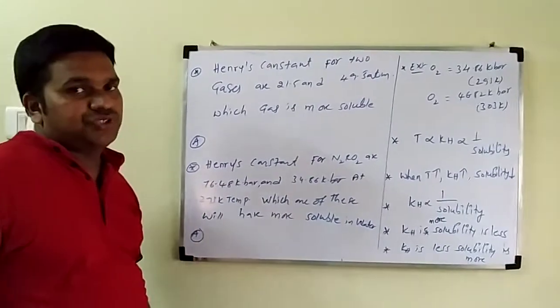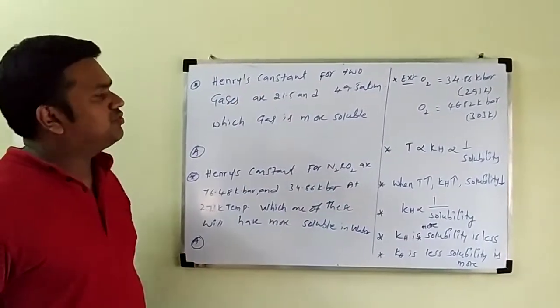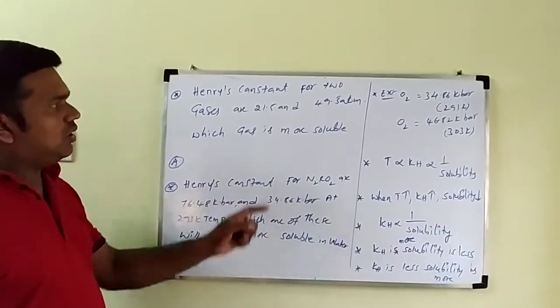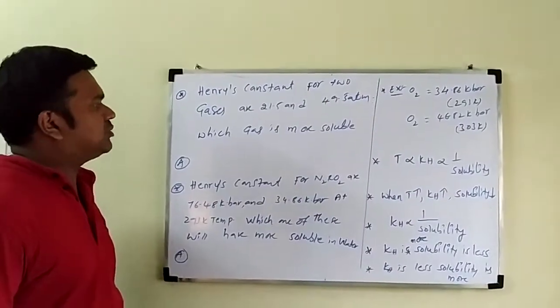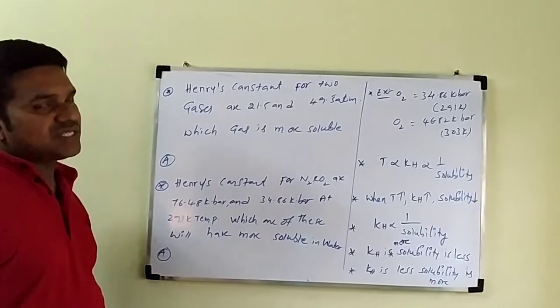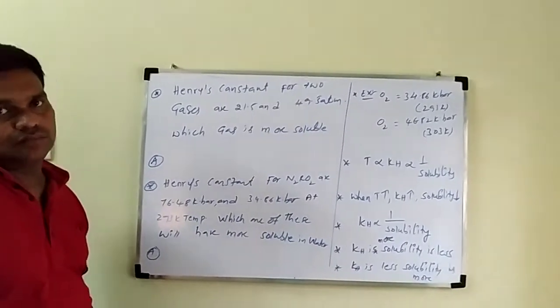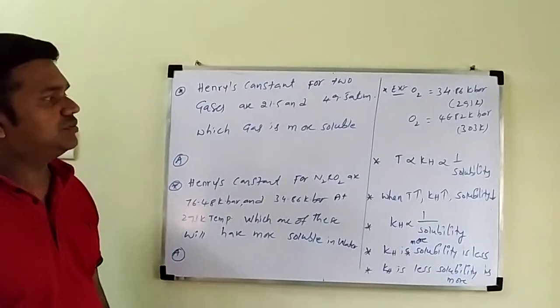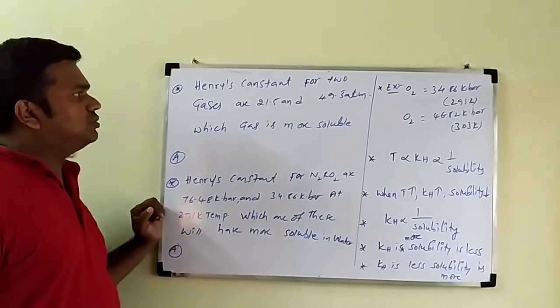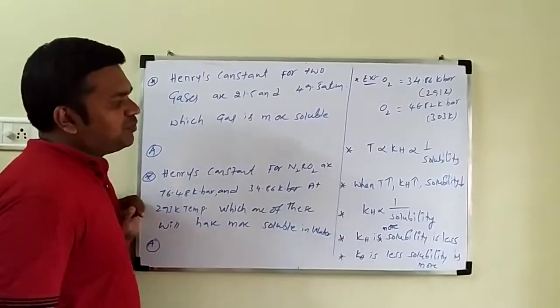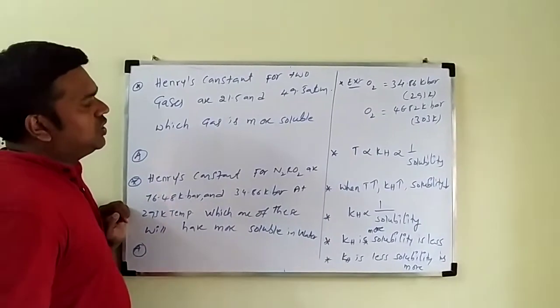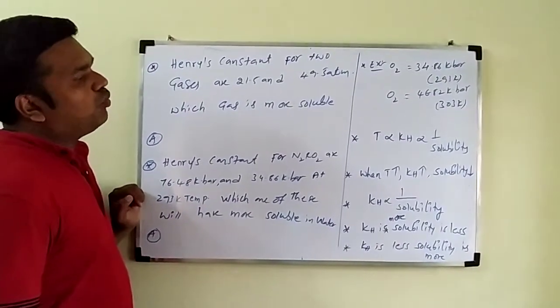Let us see the first question. The Henry's constants for two gases are 21.5 and 49.5 atmosphere. Which gas is more soluble? How to find this answer? Observe this concept: KH is inversely proportional to solubility. They ask which is more soluble.